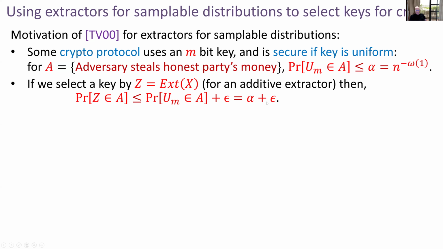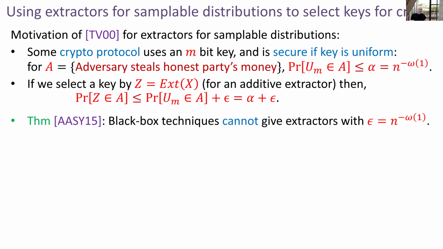And now the question is, how small can epsilon be? In the results I showed you earlier, epsilon was small, but not very small. It was only 1 over a polynomial for a fixed polynomial. And in fact, in that paper with Applebaum, Artemenko, and Young, we showed that in some precise sense, black box techniques, the kind of techniques that we use to construct extractors for samplable distributions from hardness assumptions, cannot give explicit extractors with small error.